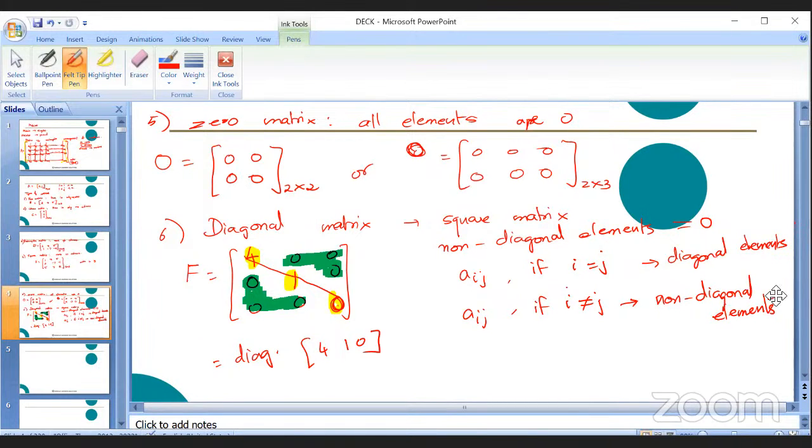So I can write, in a diagonal matrix, Aij will be 0 for i not equal to j. This is the definition of a diagonal matrix. Non-diagonal elements are 0. That is what I'm saying.